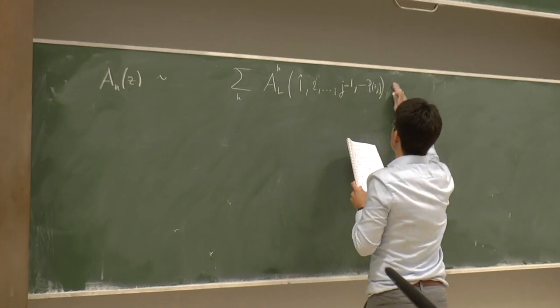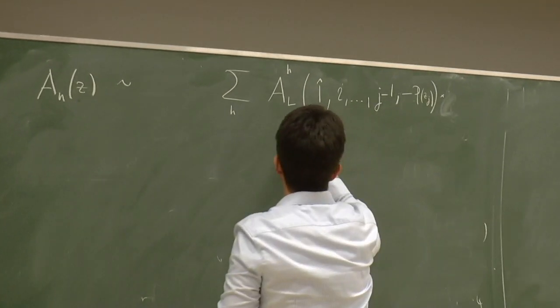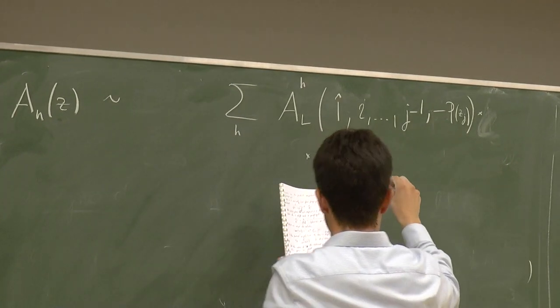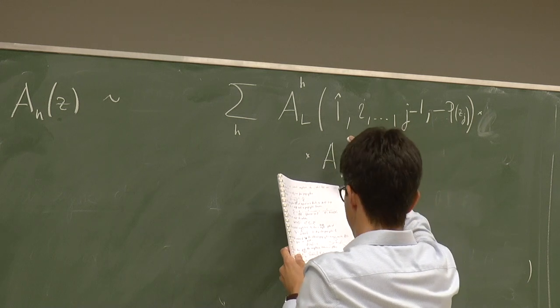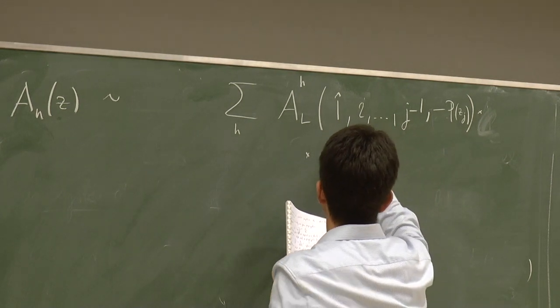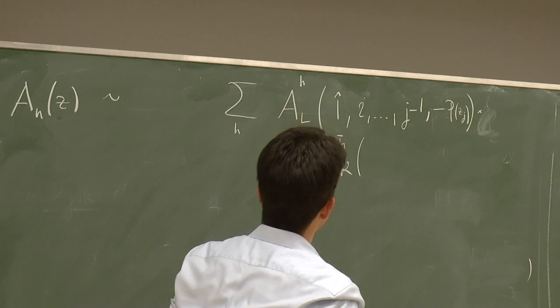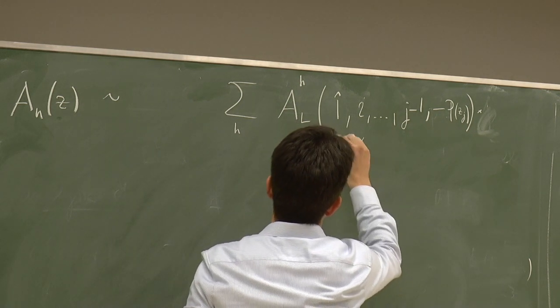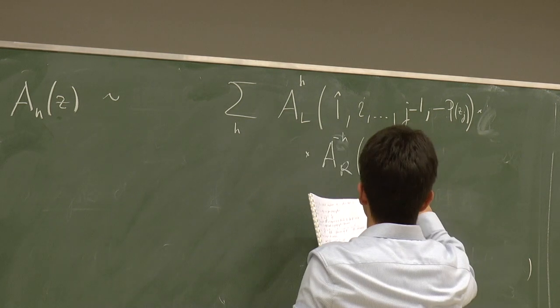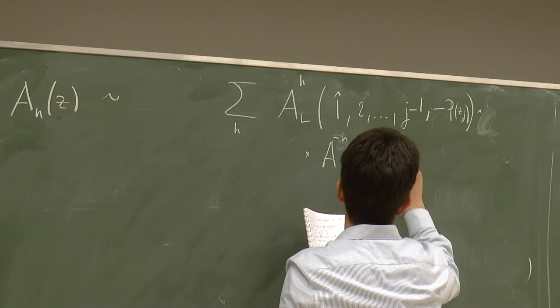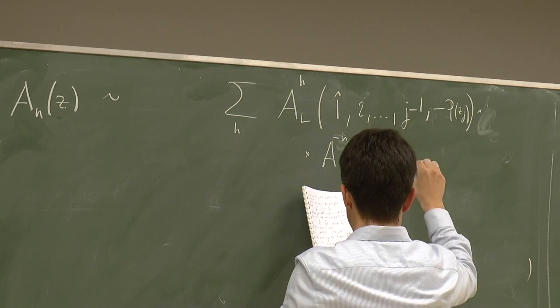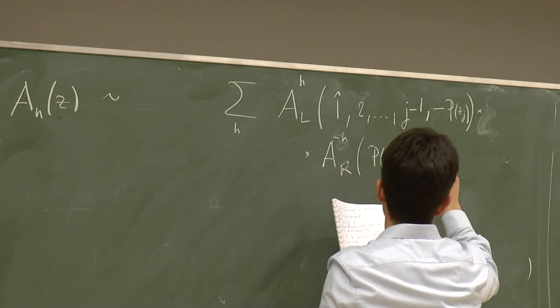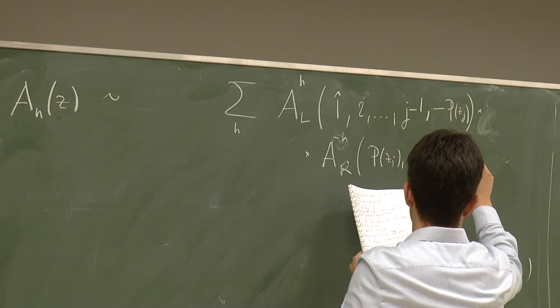And then we have this A right, which has the opposite helicity, I'm just writing minus h. And then this p zj as ingoing, particle j, and so on, until we arrive at n.